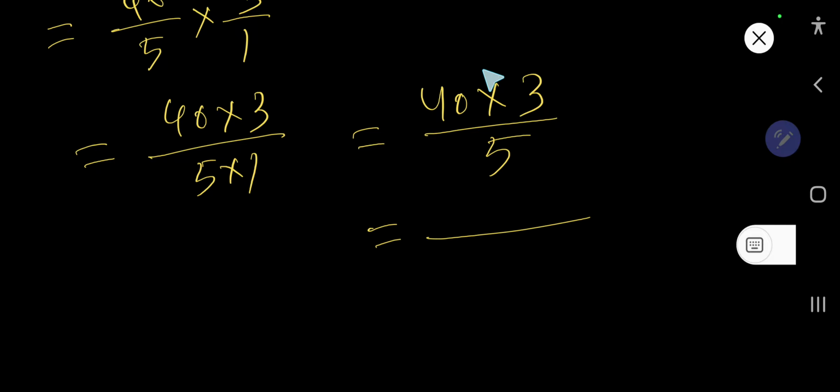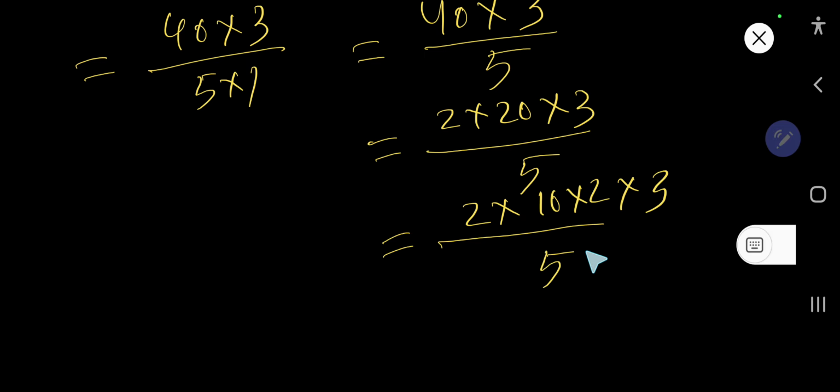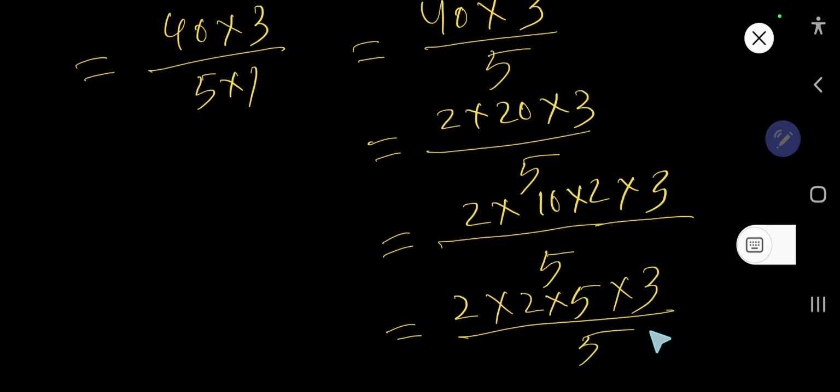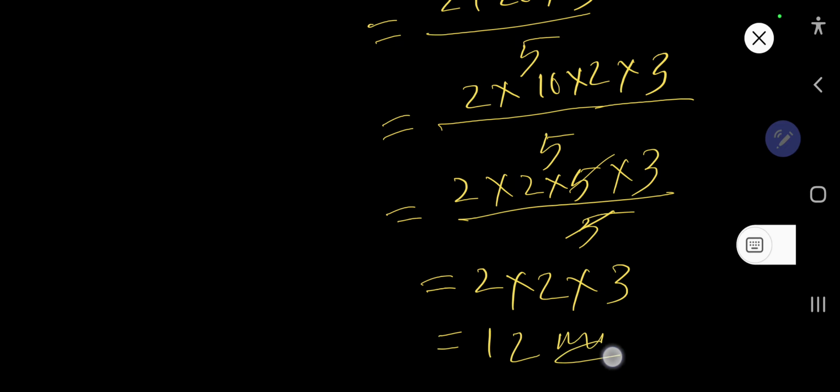Break it into small numbers: 2 times 20, okay. Now also break this number: 2 times 10 times 2. Also you can break this 10: 2 times 5. Now cancel this 5, so you are getting here 2 times 2 times 3, that is 4 times 3, 12, and this is the answer.